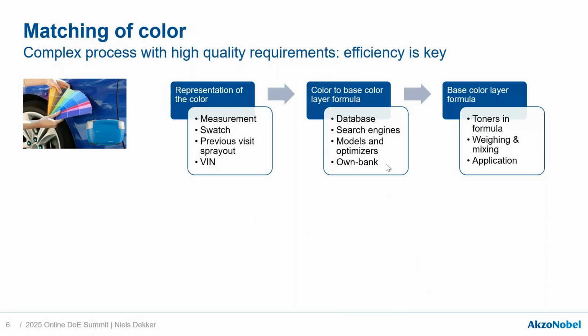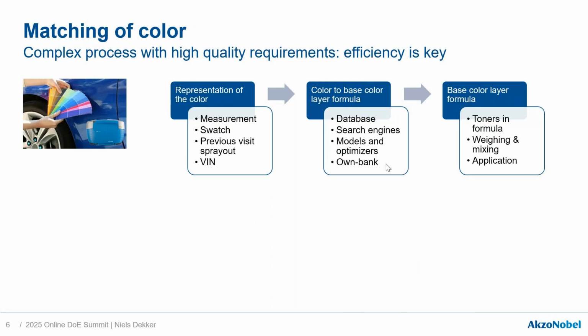So the first thing you need to do is get a representation of the color that is on the car already. You can do that by a measurement. There are different spectrophotometers on the market that can do that for you and will get you a digital representation of the color. You can take a swatch, like in the do-it-yourself shop, like those available for decorative paint, but those are also still available for car colors.